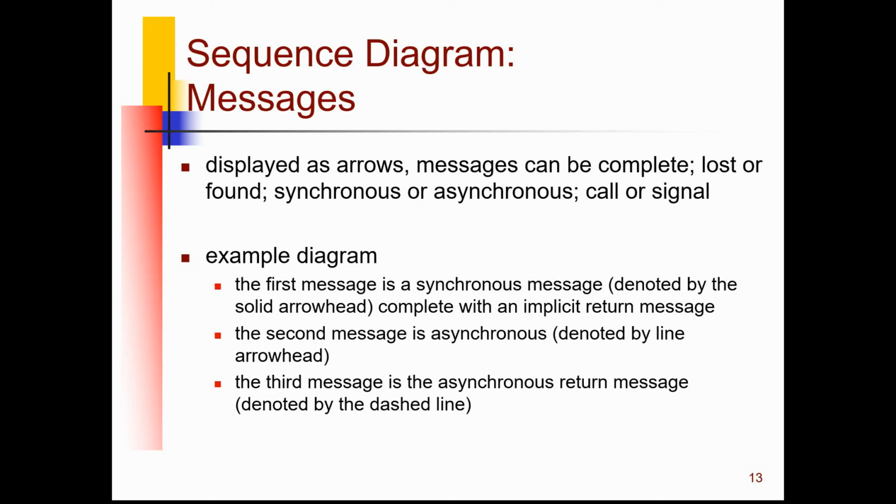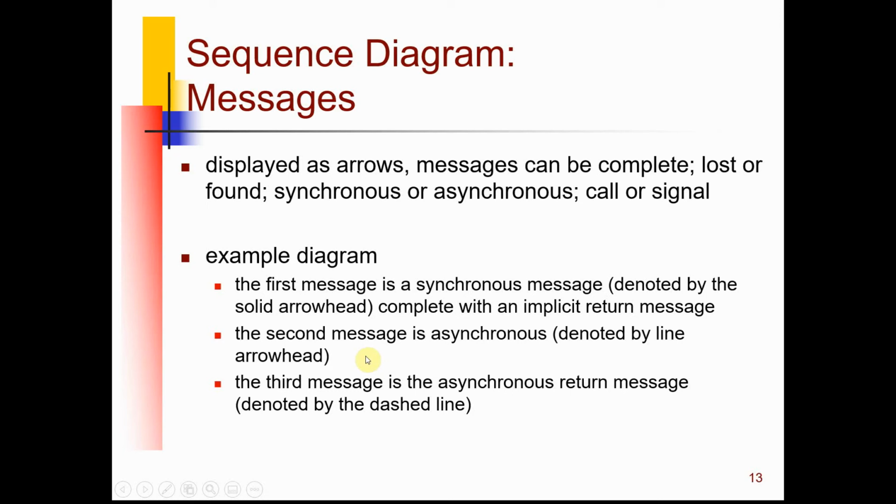Message. So the message in the sequence diagram is actually a function call. So displayed as an arrow, message can be complete, lost, or found, or synchronous, or asynchronous, call, or signal.